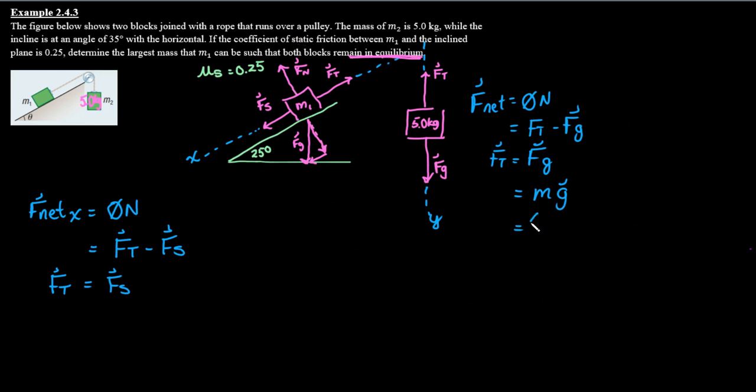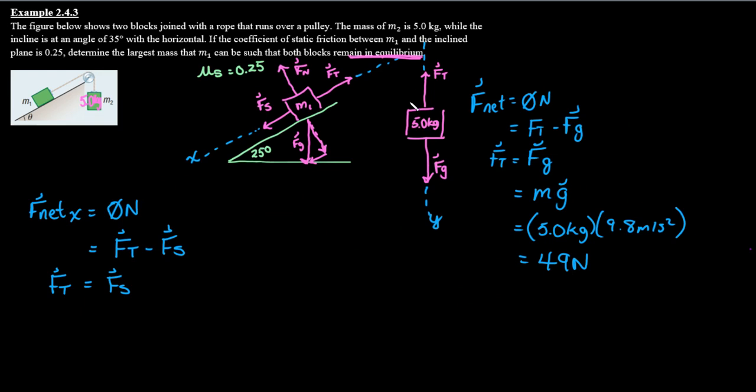So the mass of our object is 5 kilograms, and gravity is 9.8 meters per second squared. So we get the force of tension to be equal to 49 newtons. Remember what else that means for us.